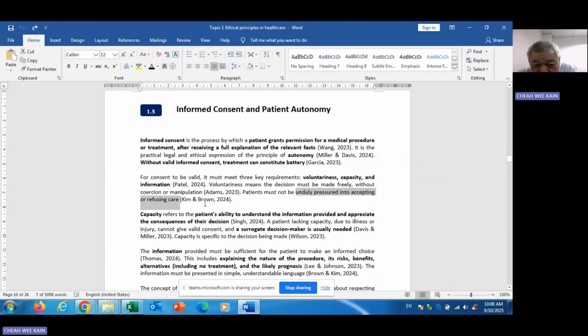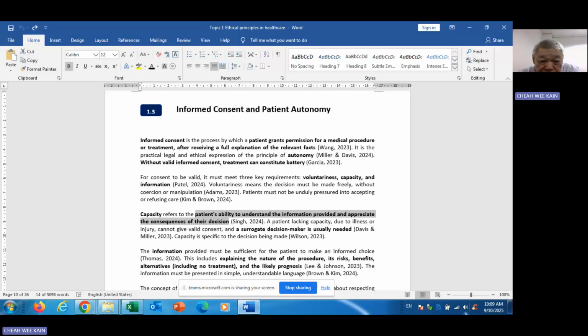Second one, capacity. It refers to the ability to understand the information provided and appreciate the consequences of their action. So, how to make the patient understand? Simple words, clear messages. Don't confuse the issue.